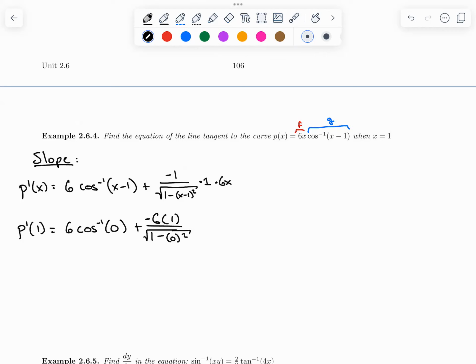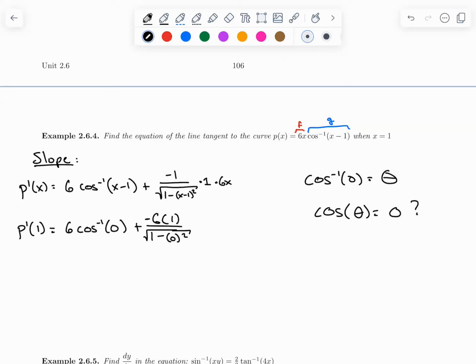Hint: cosine inverse of 0 equals a theta, because with trig functions you take an angle and spit out a number, and inverse trig takes a number and spits out an angle. So you're asking yourself, when does cosine of theta equal 0?